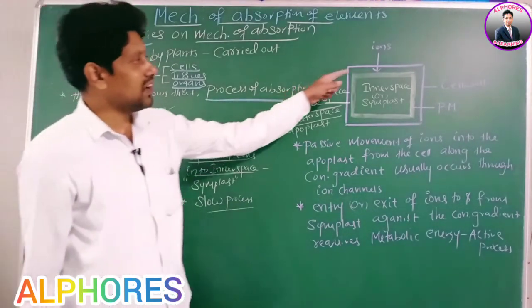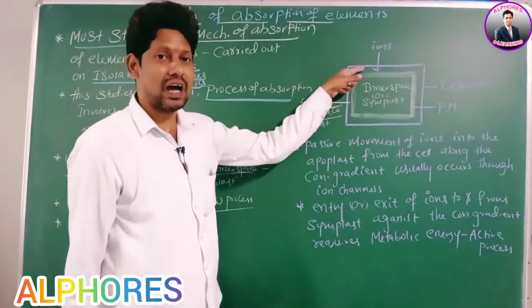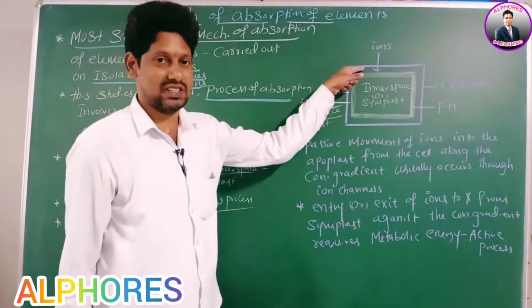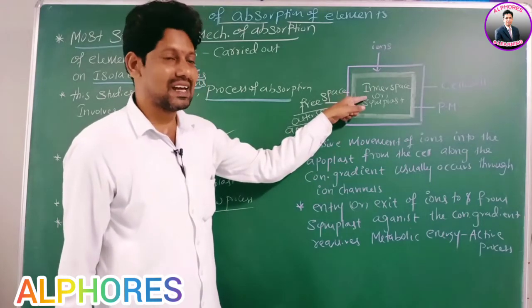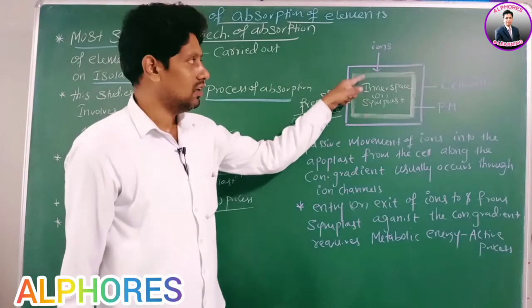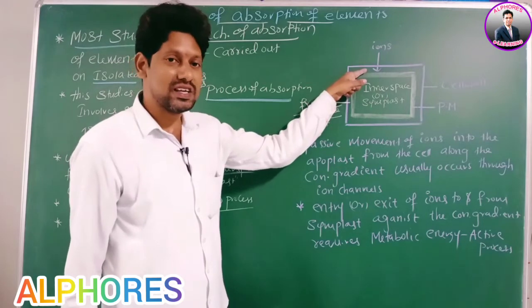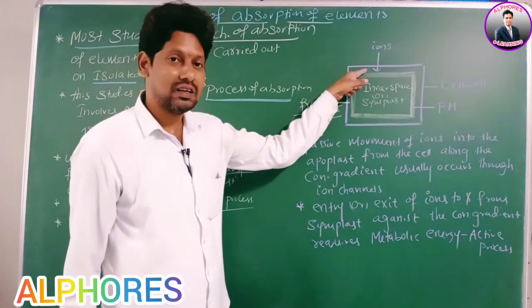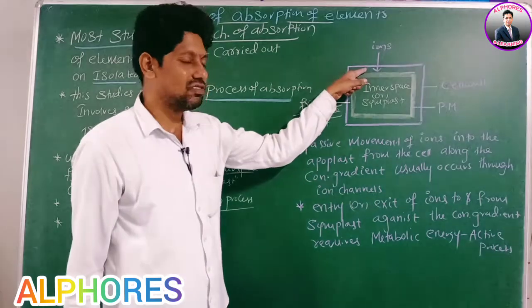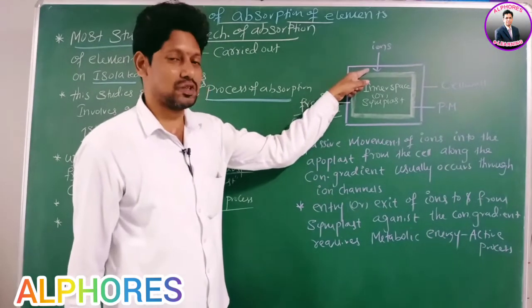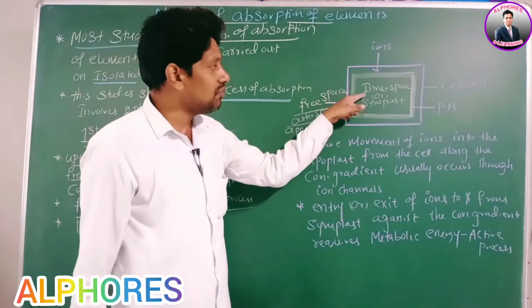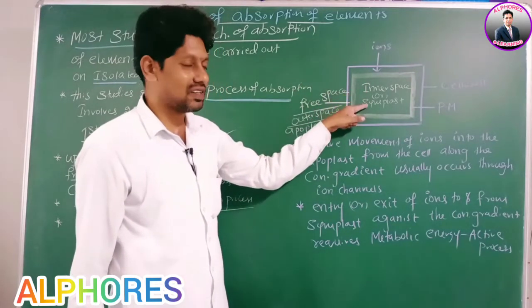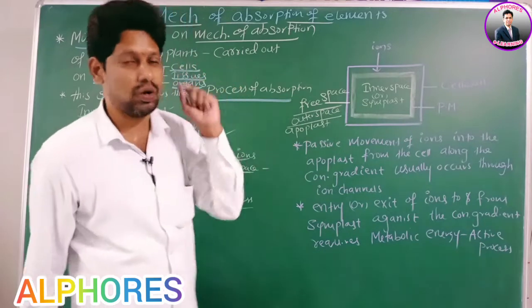In the first phase, ions enter the apoplast, the outer space. In the second phase, ions enter the inner space, that is the symplast. Entry of ions into the outer space takes place rapidly, whereas entry of ions into the inner space or symplast takes place slowly.